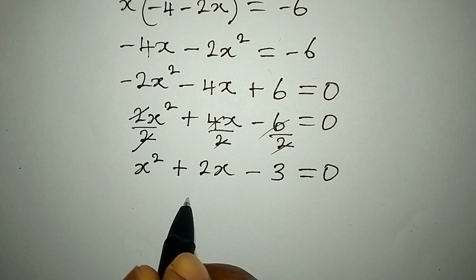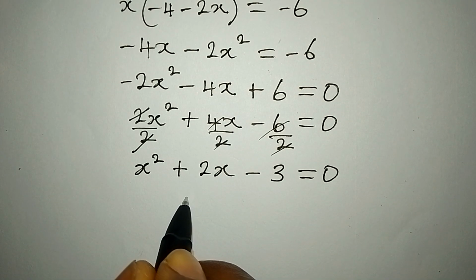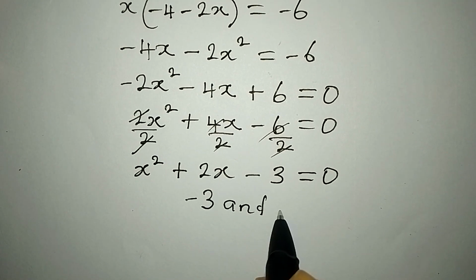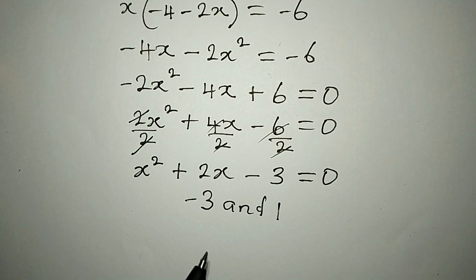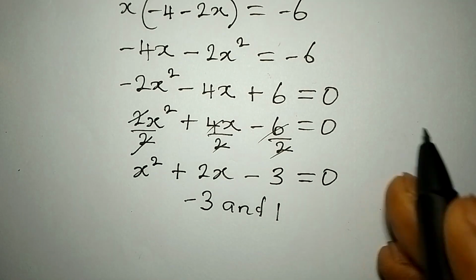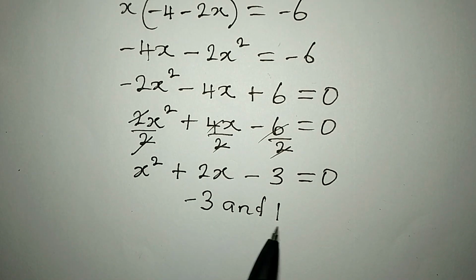I think the two numbers will be -3 and 1, because -3 times 1 will give us -3. Then -3 plus 1 will give us -2.